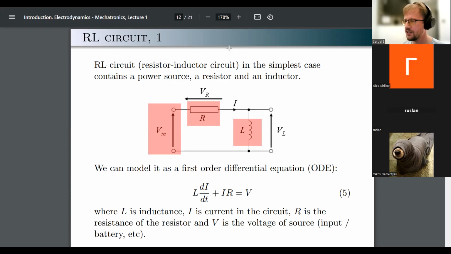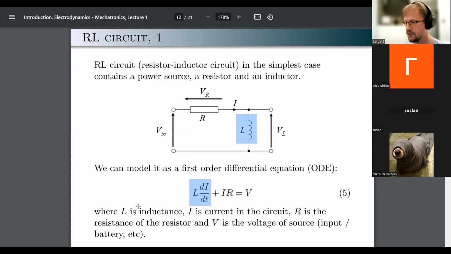The differential equation that describes the circuit is this. Let me go step by step. This part of the differential equation, L times di/dt, describes the voltage across the inductor, where L is inductance.